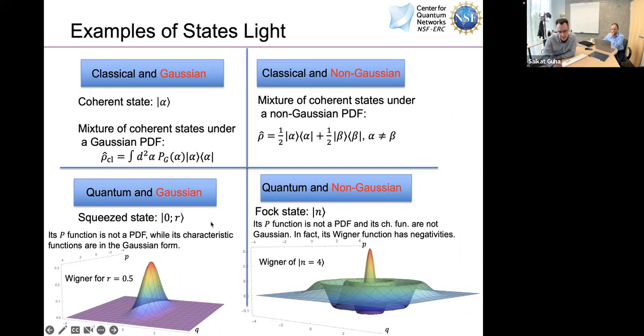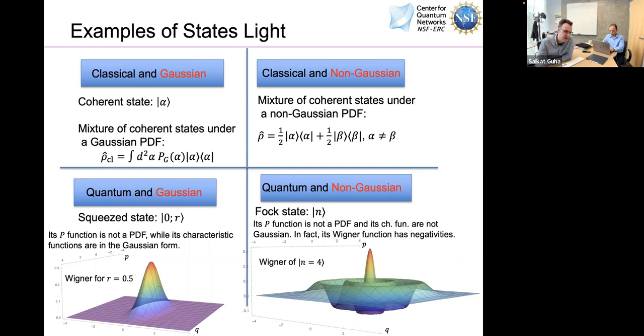But it is quantum. First of all, you need field theory to derive the existence of the state. But the simple way to see that it's a non-classical state, a quantum state, is if you go to calculate the P function. It depends on what exactly squeezed state you are dealing with.